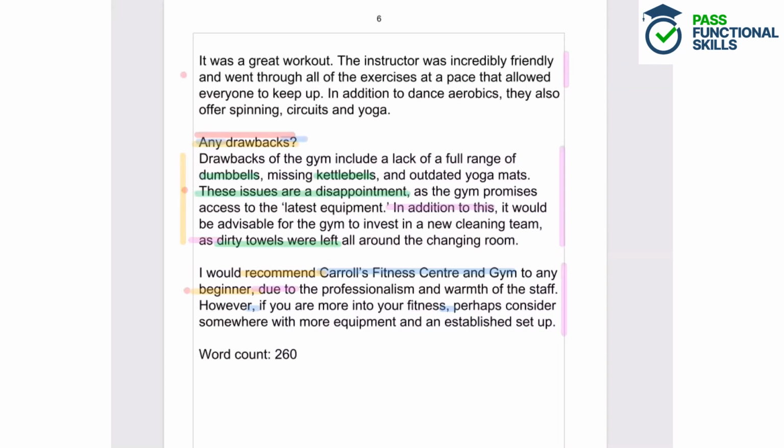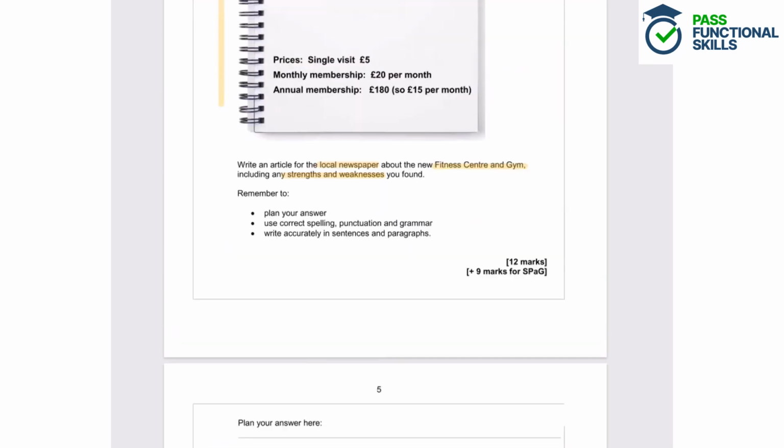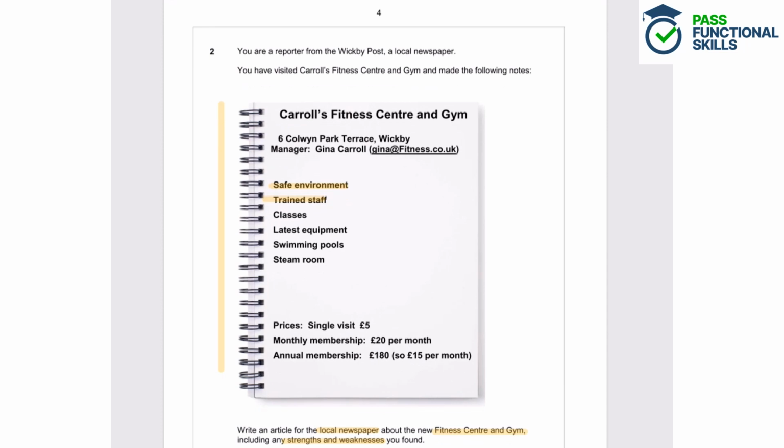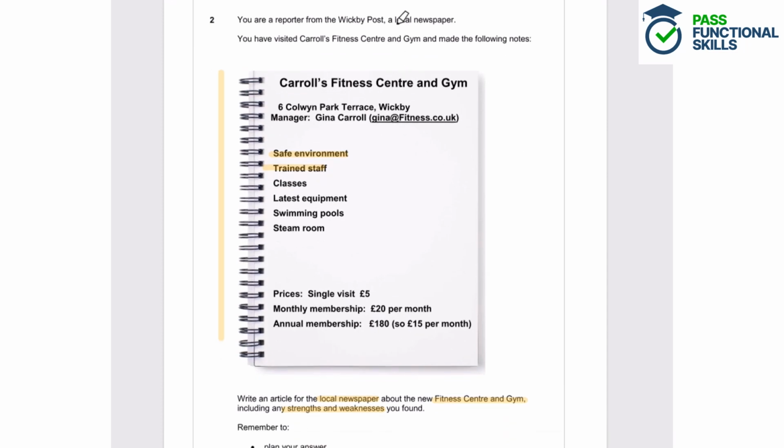So we've thought about how to lay out our answer to make it really cohesive. We also need to think about the language and register. So remember that you're thinking about tone and style when you're writing. And we need to have an appropriate tone and style to match up with the audience and purpose. So as a quick reminder, our audience here is an audience of local people because we're writing for a local newspaper.